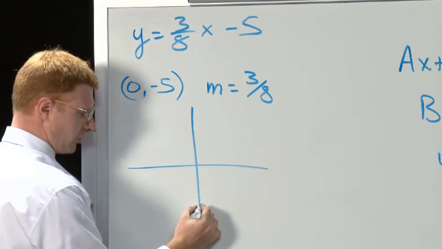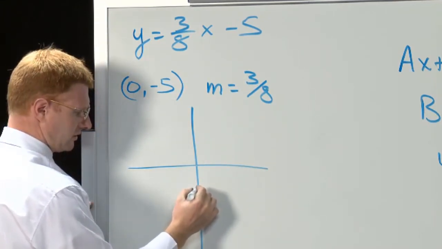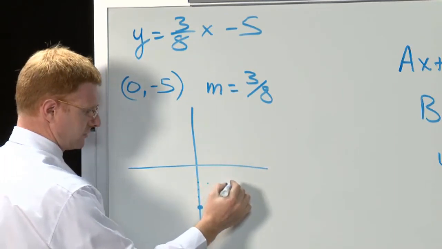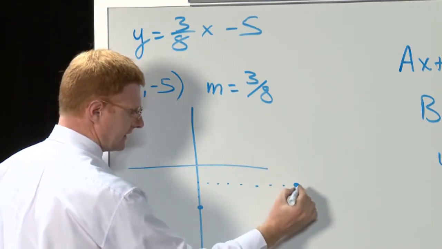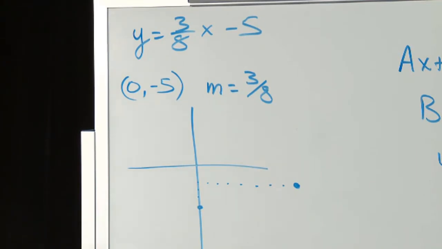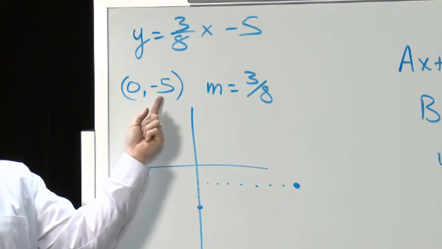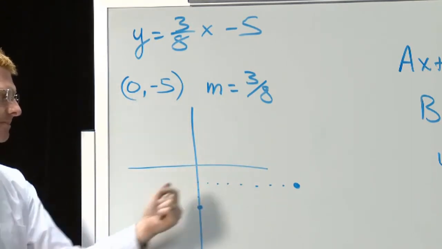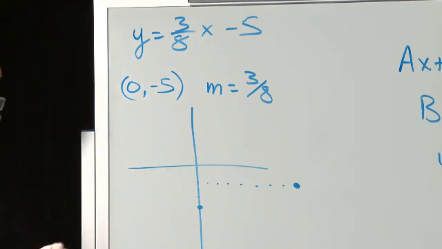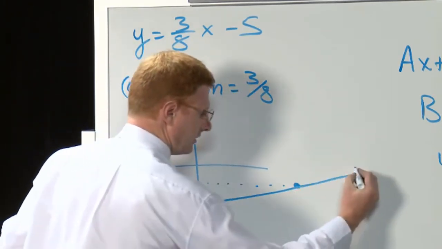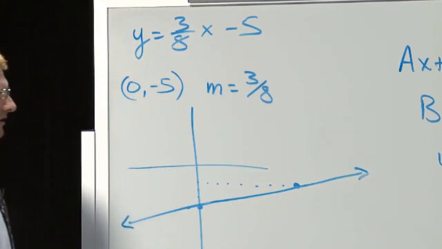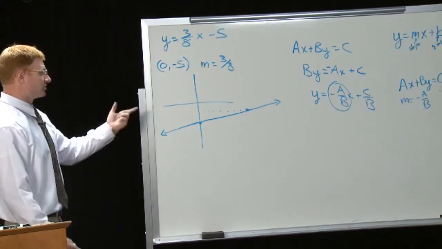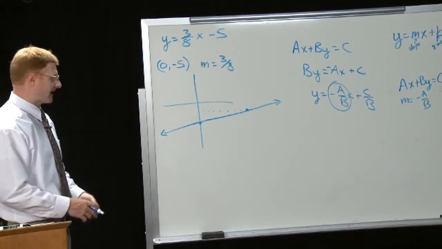So that means from this point, we could go up 3, over 1, 2, 3, 4, 5, 6, 7, 8. There's the next point. You don't even have to know what it is exactly. I mean, we could find out if you go up 3, you're at -2, and you're over 8, so 8, -2 is the point. But that's how steep it is. If you have a point and you know how steep it is, that gives you the entire line. So you're able to use that to graph a line kind of fast.